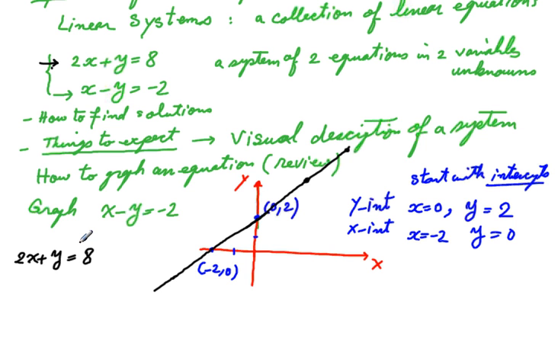We have x equal to 4, y equal to 0. And the other choice is what? X is 0 and y is 8, all the way up there. Is that right?